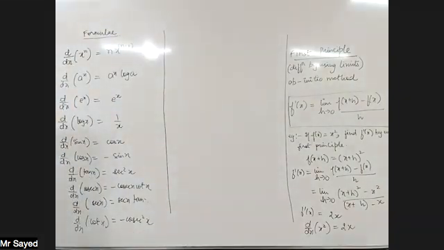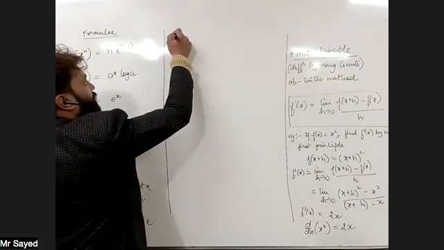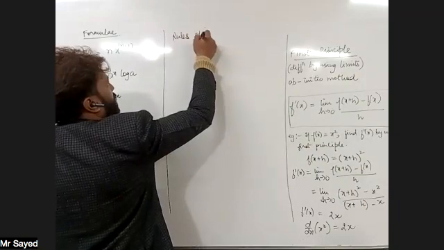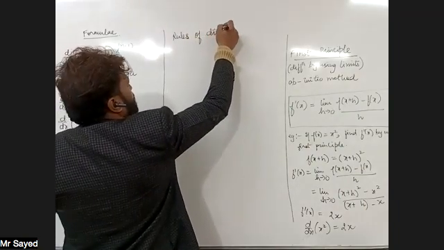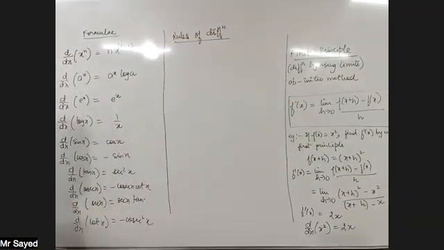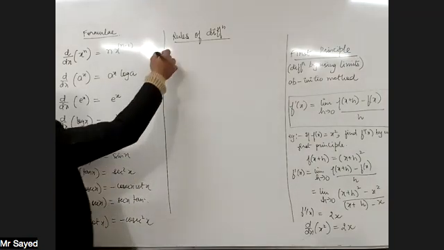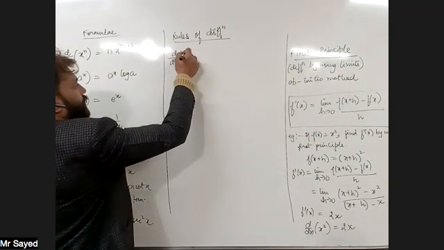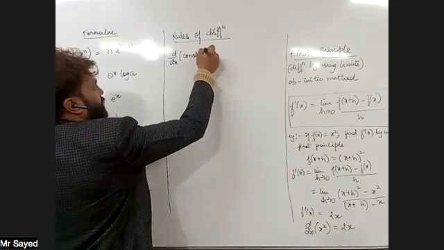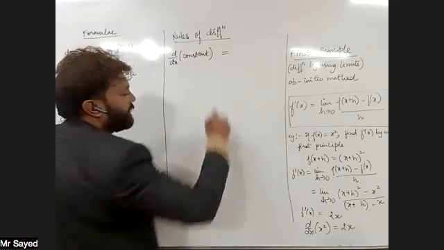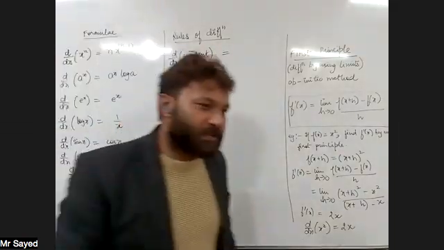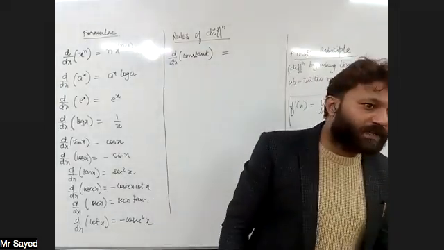Now, besides this first principle, the third thing that we have are the rules of differentiation. Look. d by dx of a constant function, which is a pure constant. What is the basic meaning of differentiation?